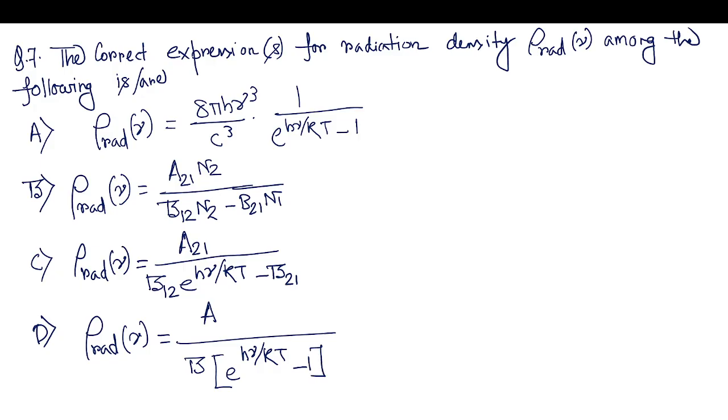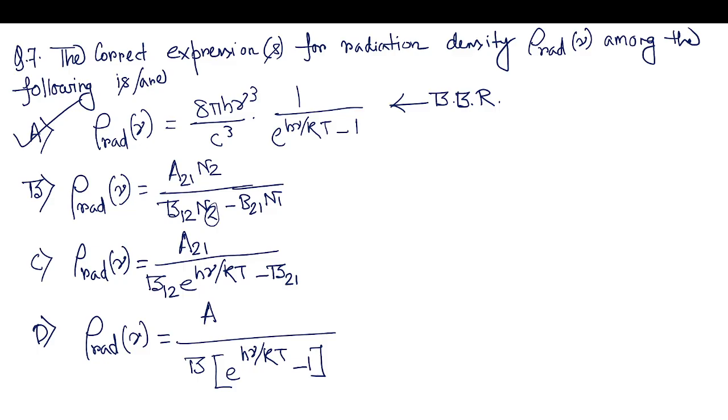This first question is coming from Blackboard. See the calculation now. The radiation density is written as A2 to 1 over, in the denominator, B1 to 2 N1 minus B2 to 1 N2.